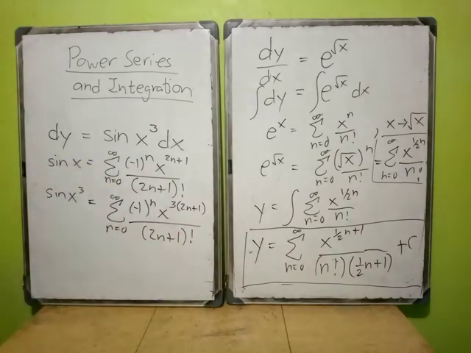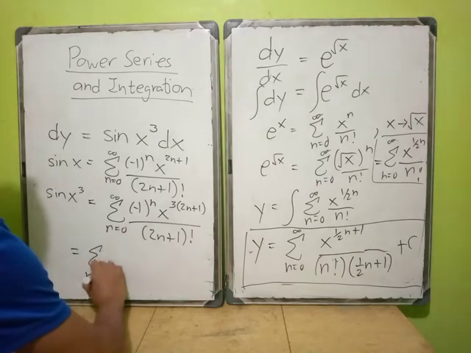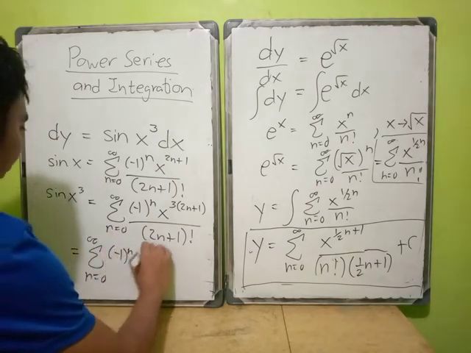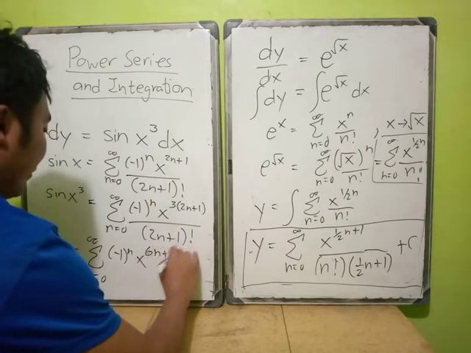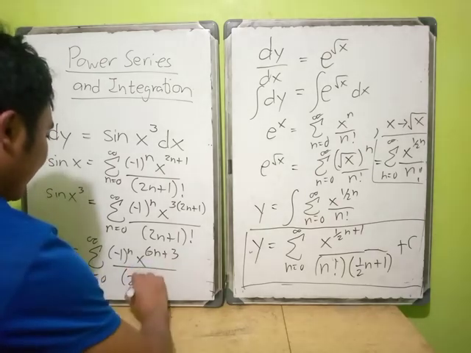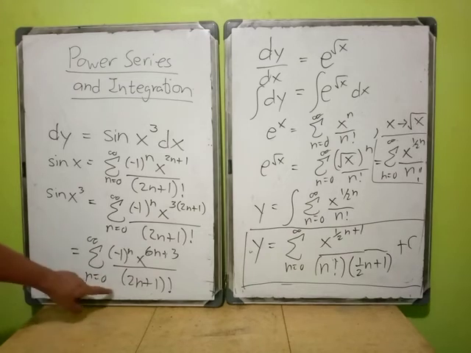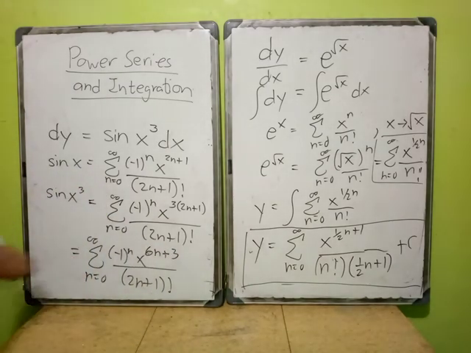Therefore it will become x to the power of 6n plus 3 over 2n plus 1 factorial. That will be your equivalent of sine x cubed.